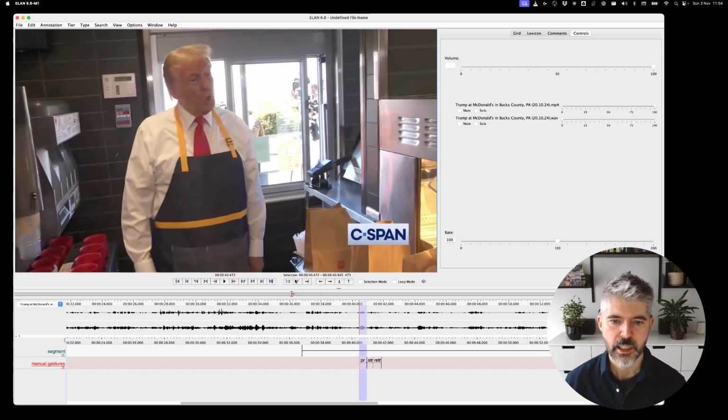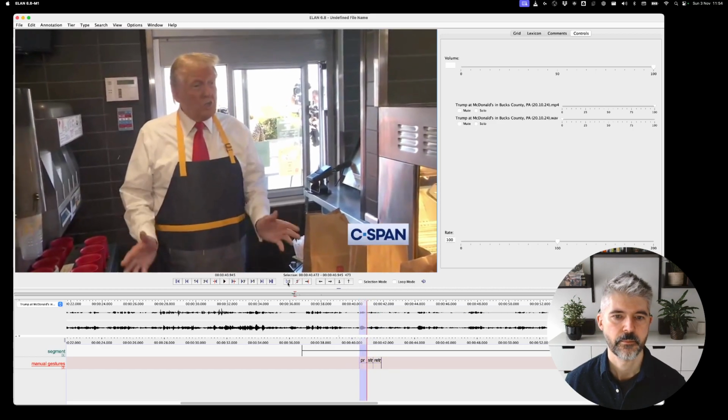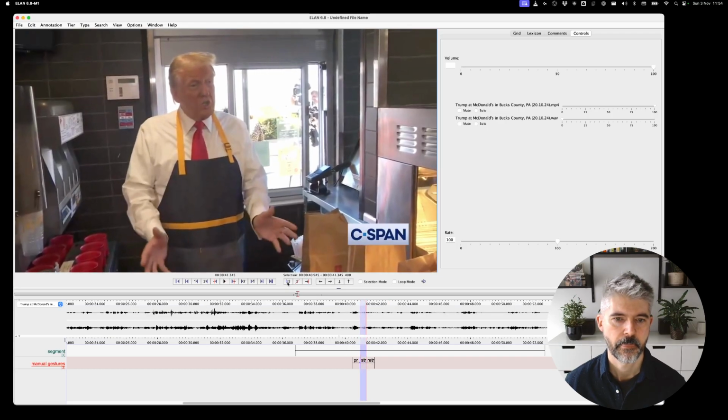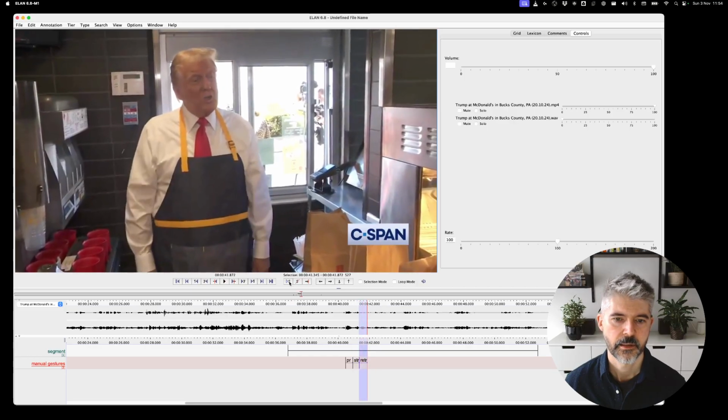So now we can look at each one of these phases. That's the preparation, stroke, retraction. Now, the reason that we're interested in these gesture phases is that this allows us to study the temporal coordination between manual gestures and other semiotic resources, such as his talk or other embodied movement.